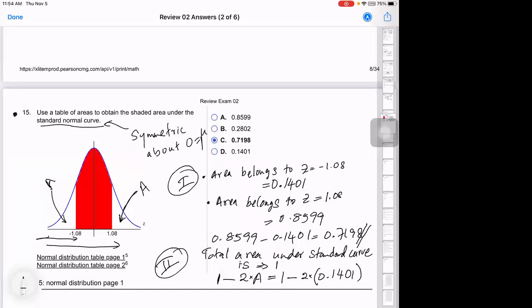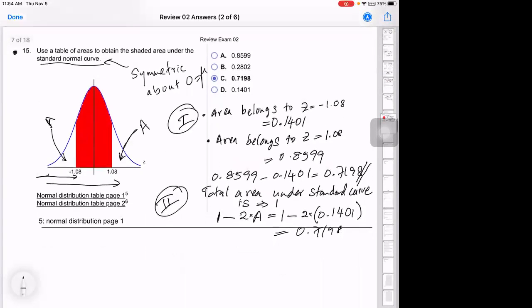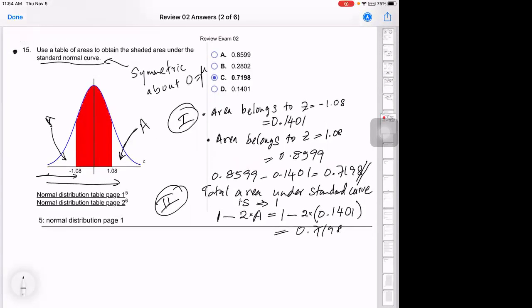Once you get these values, you will see that the two are similar. Those are the two ways you can find this answer. It doesn't matter, either way works, so you can use one of these.